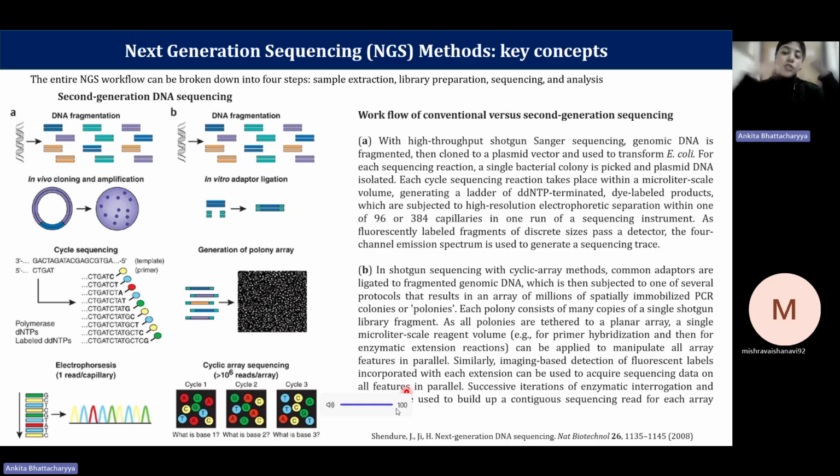You need millions of copies of a particular region, and that will give you confidence that it is not an error or an artifact, that with so much depth and so many reads, some position in the genome has this exact base. And why is that necessary? When you compare it with any disease, you will have confidence that a change in that region is a major contributor to the cause of that disease. So that strategy is different.